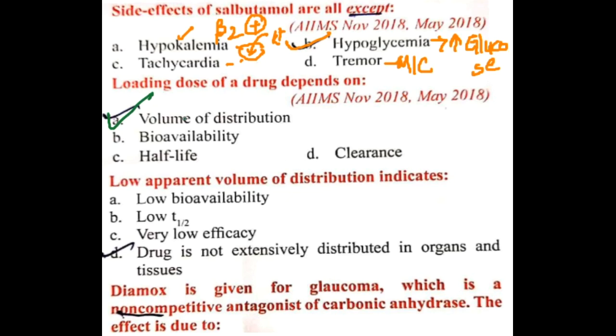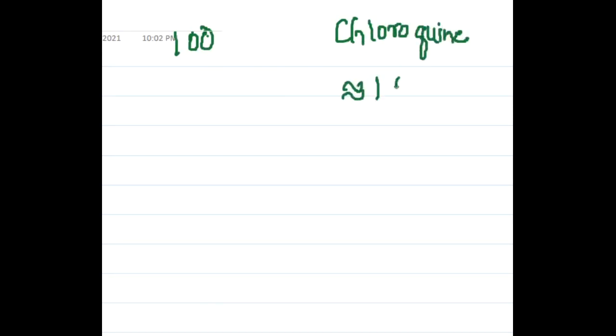So for example, for chloroquine, it has the highest volume of distribution. Arbitrarily, I am assuming it has 1000. Actually it has 15,000 liters of volume of distribution.